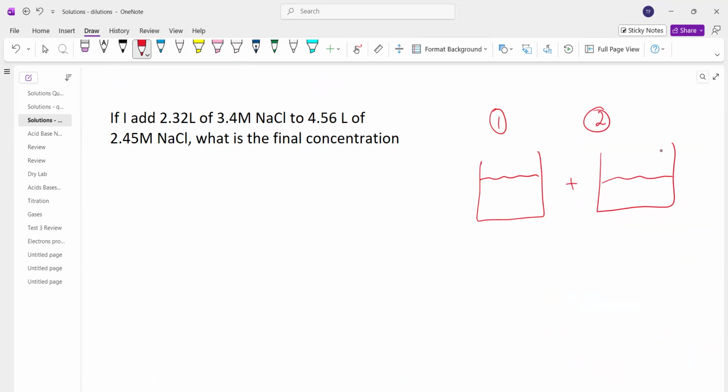Okay, so solution 1 has, solution 2 has, and then we're going to put them together.